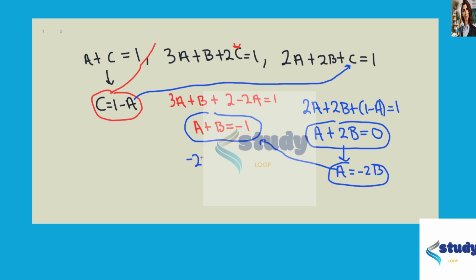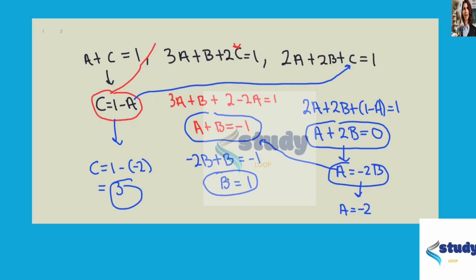We'll have negative 2B plus B equals minus 1, which we can solve as B equals 1. By this equation up here, A is negative 2 times 1. And then by the first equation over here, we have C equals 1 minus A, so C equals 3. Now that we have the values for A, B, and C, we could plug those into our partial fraction decomposition on page 1. So let's go on to page 3 to write this out.